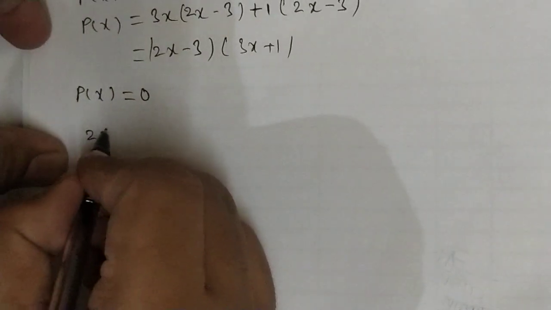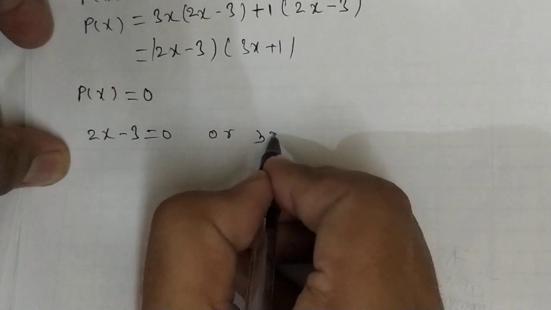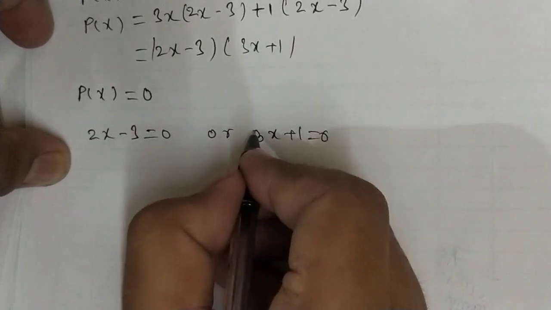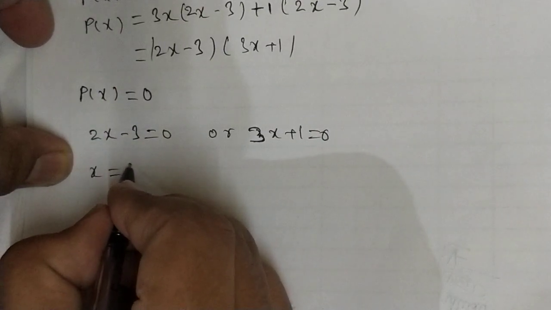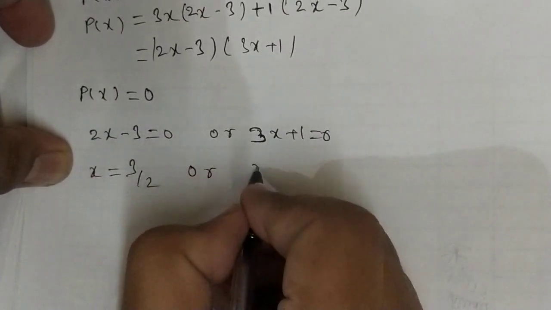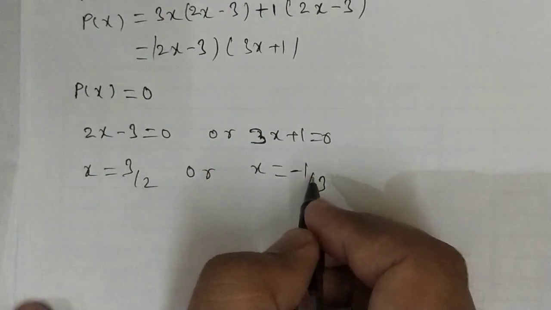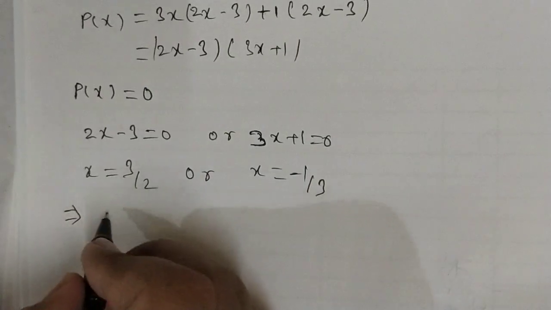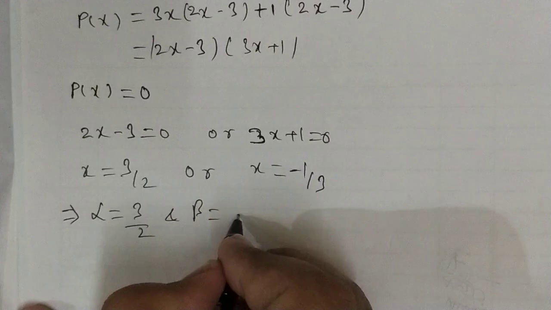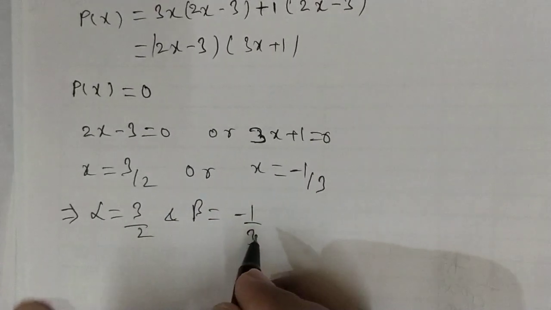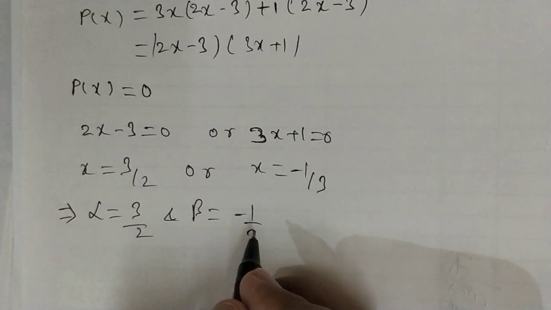So 2x minus 3 equals 0, or 3x plus 1 equals 0. When you find the value of x from here you get 3 by 2, and from here you get minus 1 by 3. So this is your alpha and beta. Alpha is equal to 3 by 2 and beta is equal to minus 1 upon 3. Is this clear?